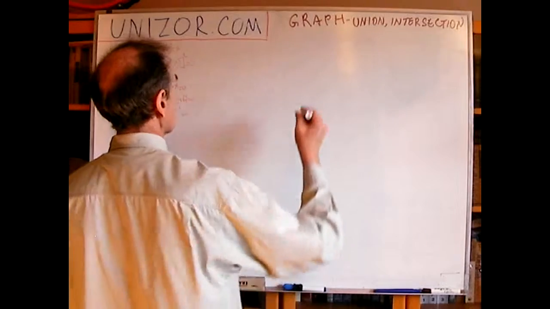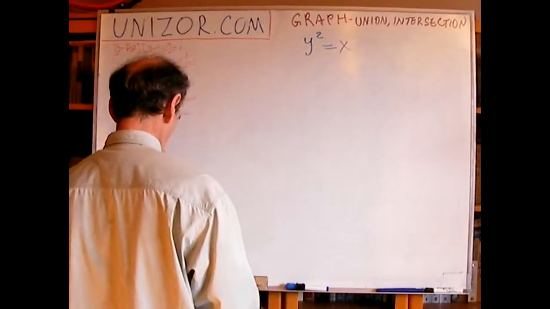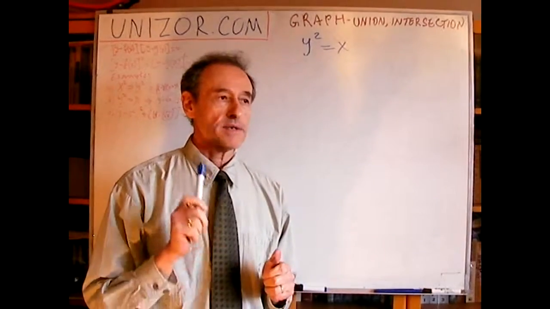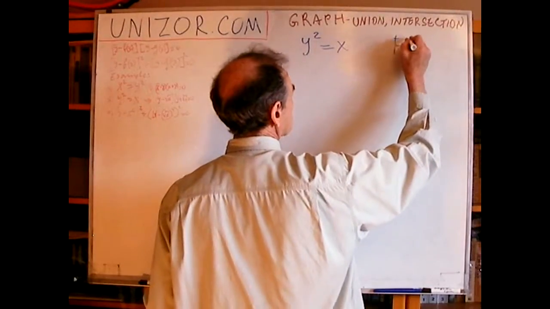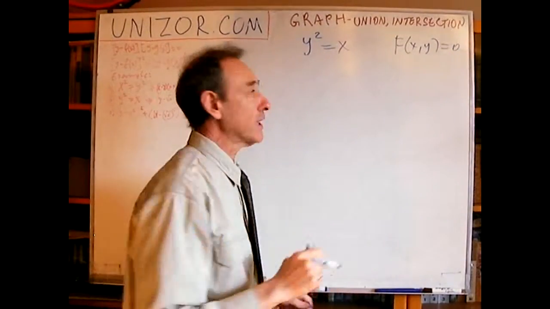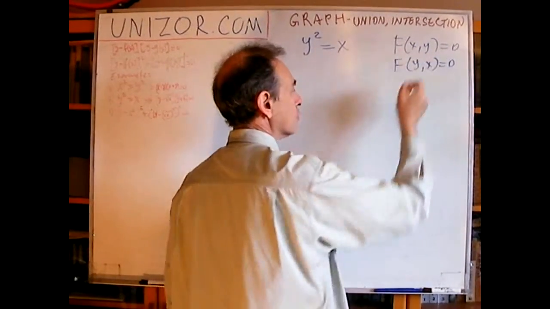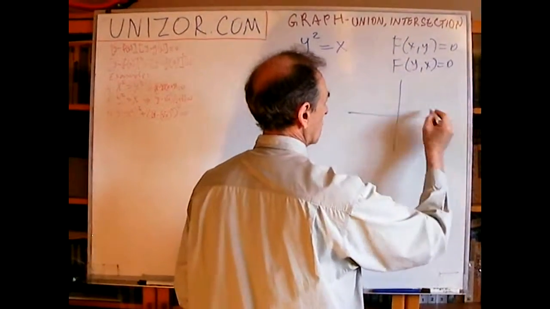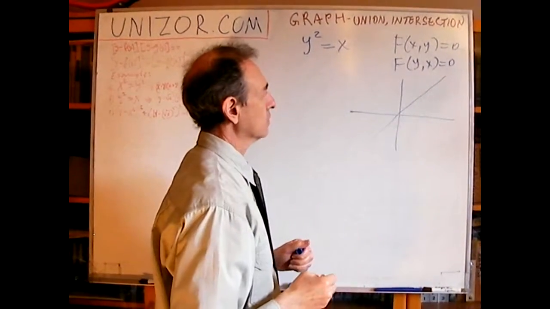Second example is y squared equals x. I was talking about this: if you have a graph of the function f of x,y is equal to 0, and you exchange the x and y places, and you put f of y,x is equal to 0, then these 2 graphs will be symmetrical relative to the main bisector of the main angle of the first and the third quadrant.